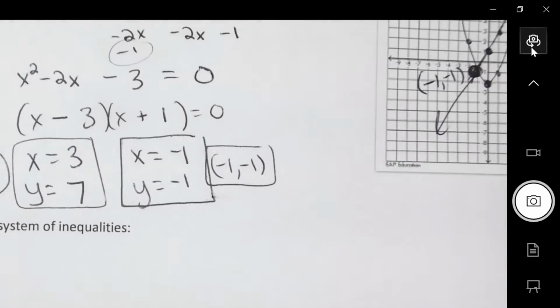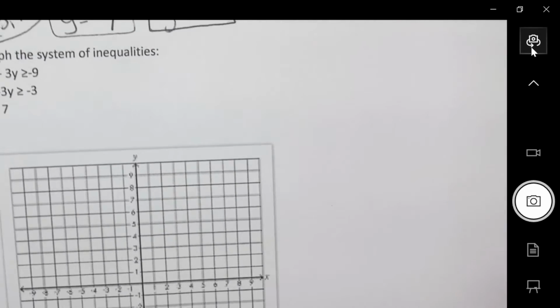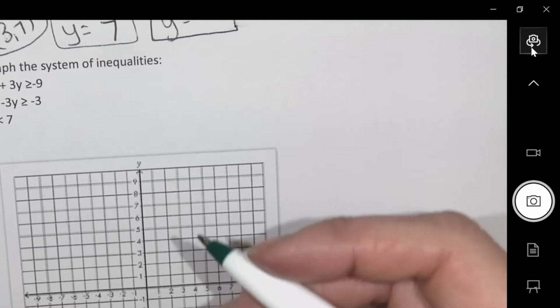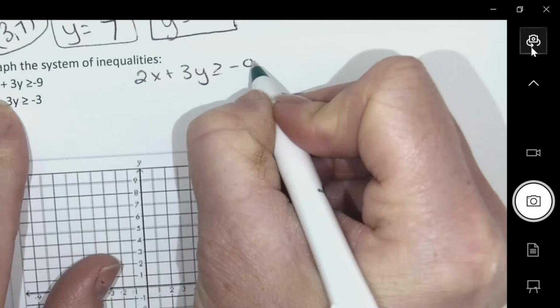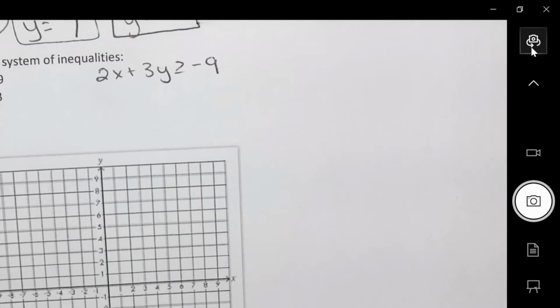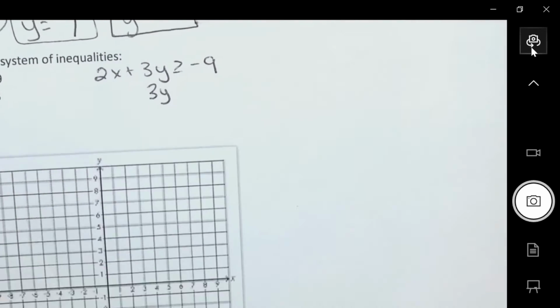Okay, graphing a system of inequalities. First equation, I'm going to do some algebra. I need y equals mx plus b as my idea. Obviously not an equal sign, but I need the y alone, I need the m and the b part. So first of all, I'm going to keep the y.